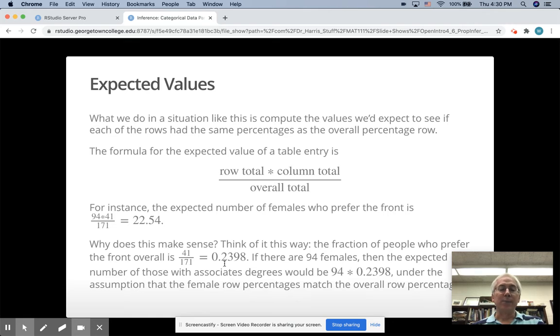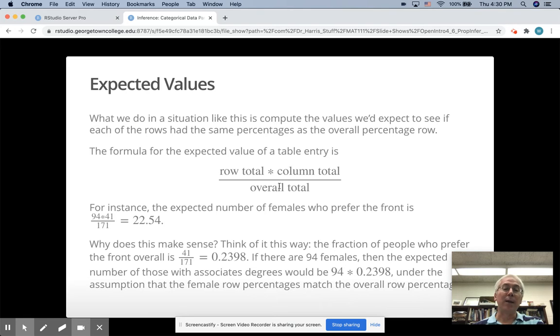So why does this make sense? Let's try to think about it this way. Let's look at the 41 over 171. That's the fraction of individuals who prefer to sit in the front. That was 24%. And so if there are 94 females overall, if the women's row matched exactly the totals row in terms of percentages, then 24% of the 94 women would prefer to sit in the front. And that's where we get this 22 and a half.